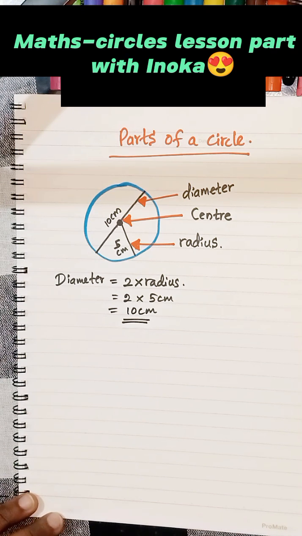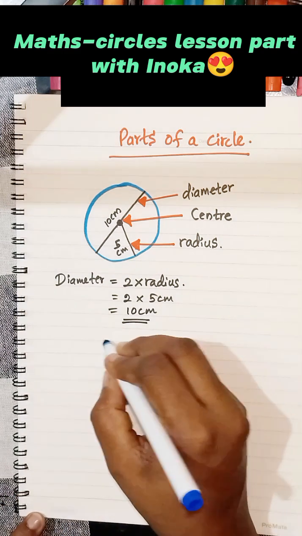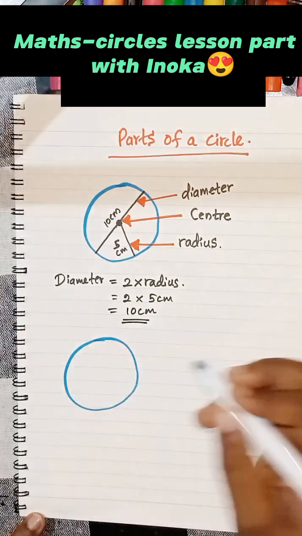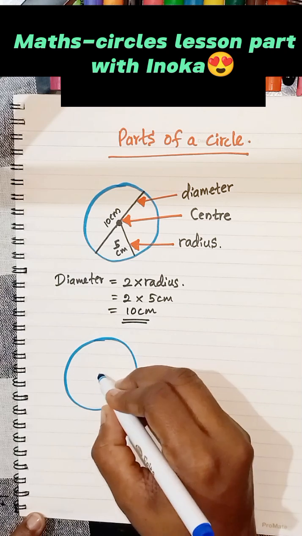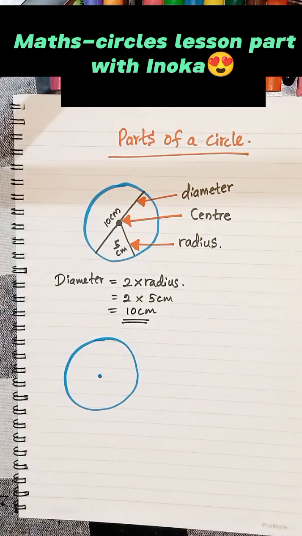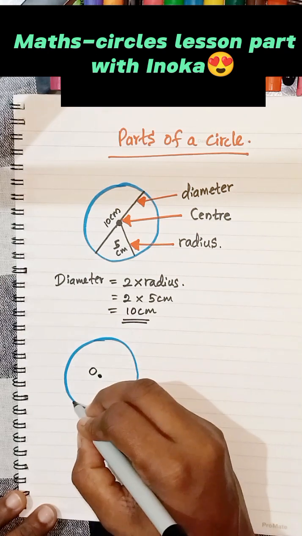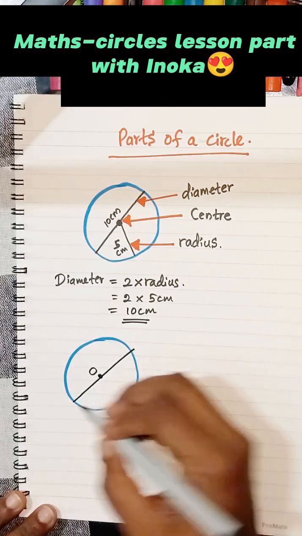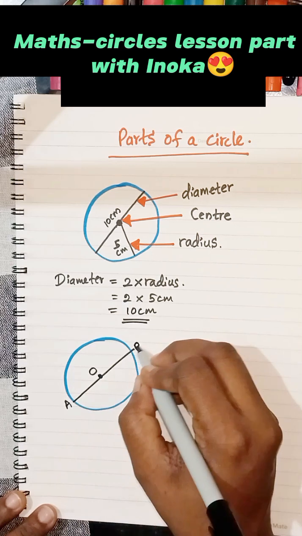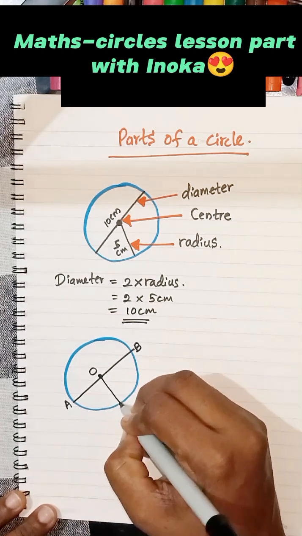Next one, I'm going to name the parts of a circle. Now you know what are the names of them: diameter, center, and radius. But in the exams, they ask to name the diameter, name the center, and name the radius. What does this mean?